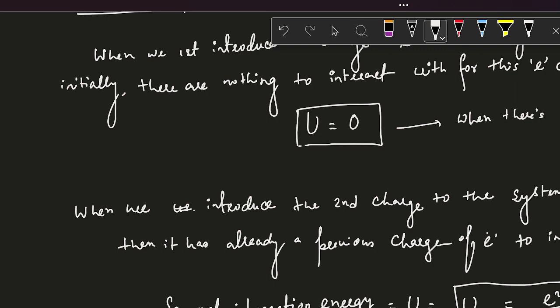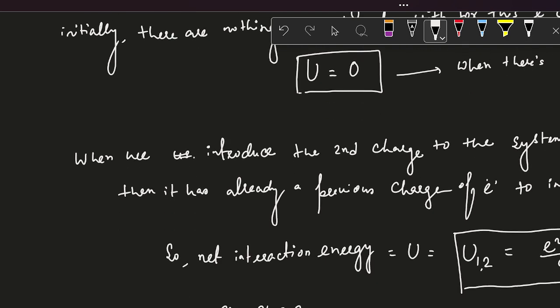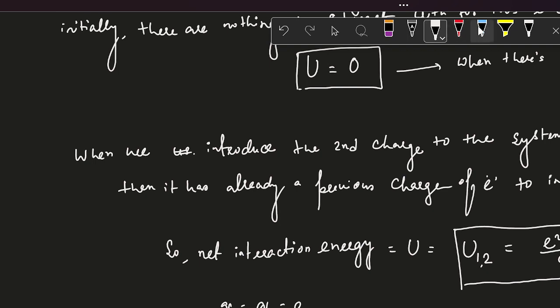So this is your second answer for the energy when there are two charged particles at site number 1 and site number 2. This first one is for only a single charge.